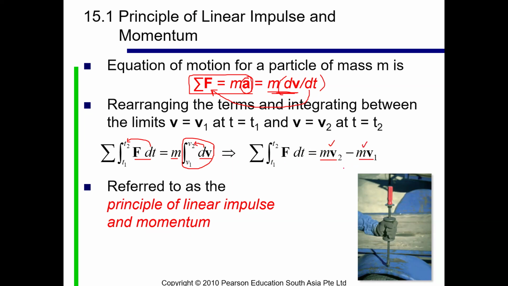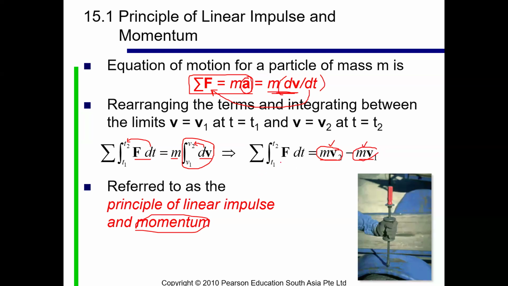Now, do you remember that mass multiplied by velocity, what do we call that? Mass into velocity? Momentum. This is momentum. So mv2 is the final momentum, mv1 is the initial momentum.